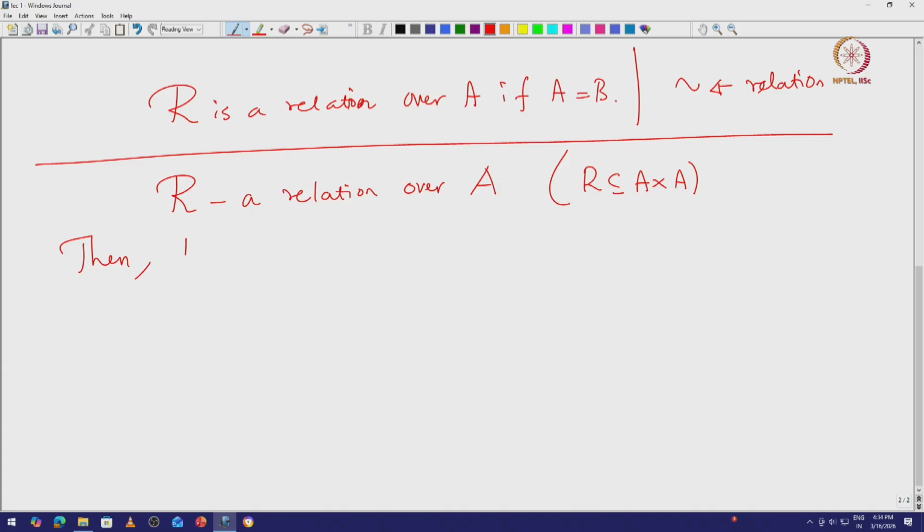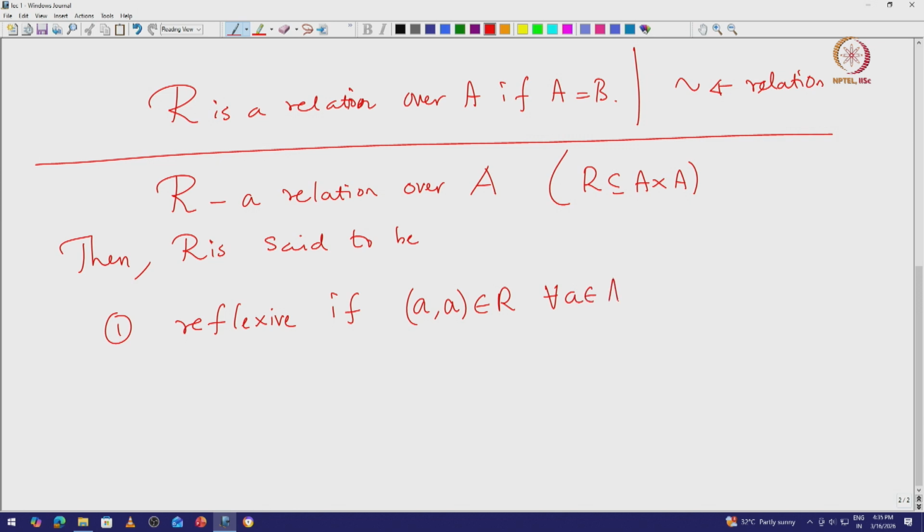So, then R is said to be reflexive if A must be related to A for all A in capital A. So, that means (A, A) is in R for all A in capital A. In other words, A is related to A for all A in capital A, with respect to the relation R. Okay. The second property is the symmetric property.